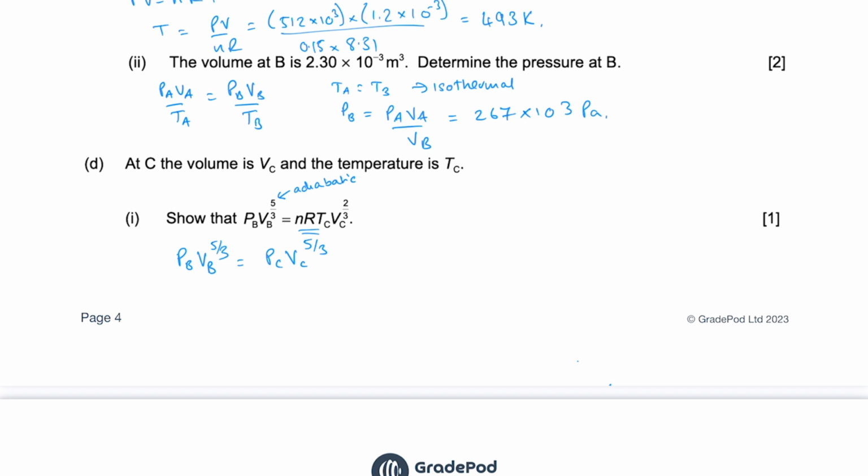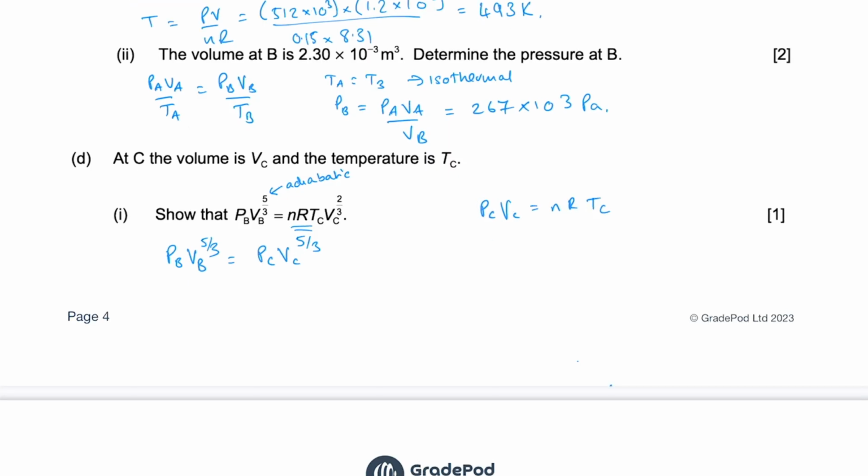We're not looking at PC, but we can find another expression for PC using the ideal gas equation. PC is equal to nRTC over VC. Plug that into here.